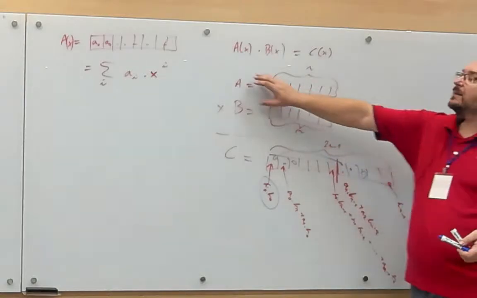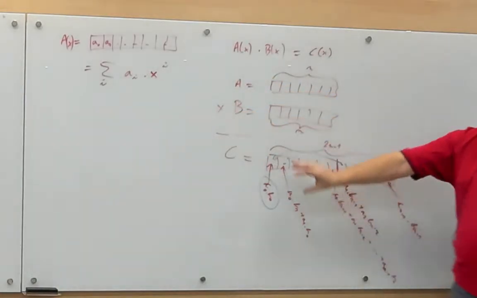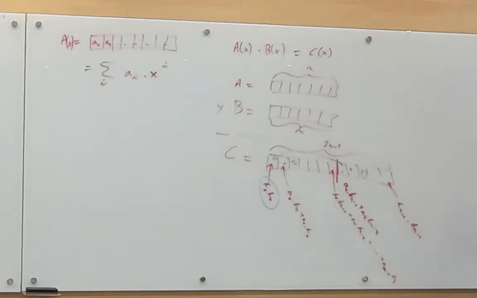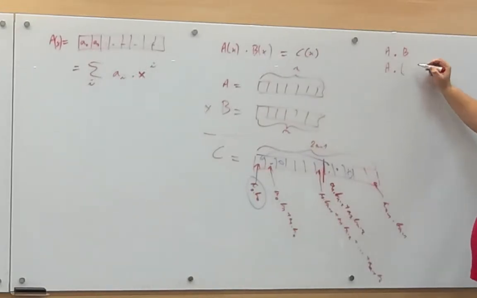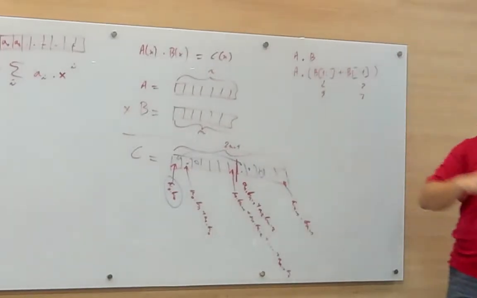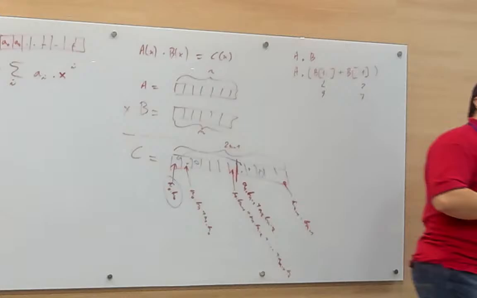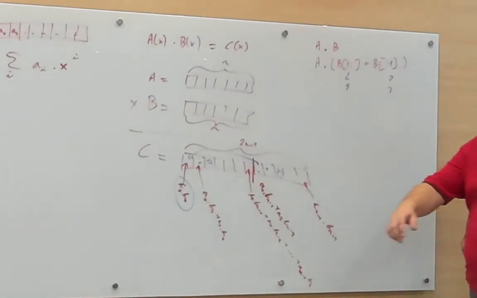By computing the product of A and B reversed, you will get a new array, again of length n, and the values in this array are: A scalar product with B, so A0 B0 plus A1 B1 plus A2 B2, and so on; then A scalar product with B rotated by 1, then rotated by 2, rotated by 3, and so on. So you get the scalar product of the original array A and each cyclic rotation of array B. This is what you can do with cyclic convolutions.